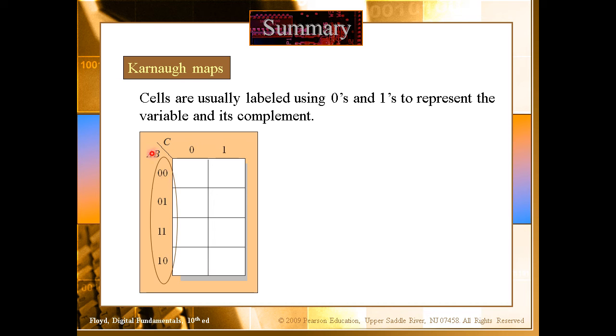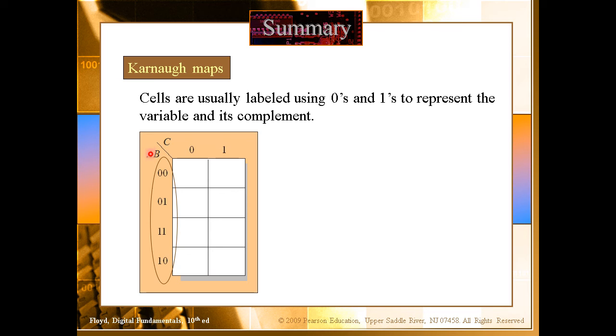Let's say we have 3 variables. We just wrote AB for this column, and for the 3rd variable, we have C along this line. Now, for any variable, it can take only 2 values, right? So for C, we can have either 0 or 1. That's what we did.